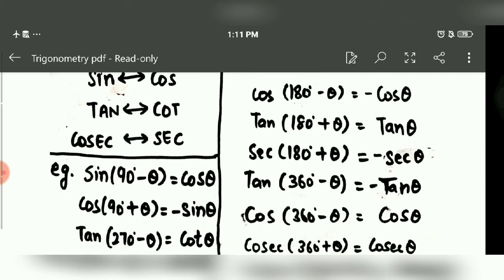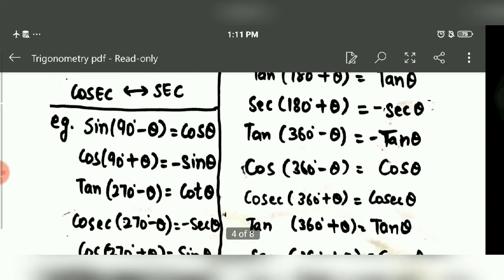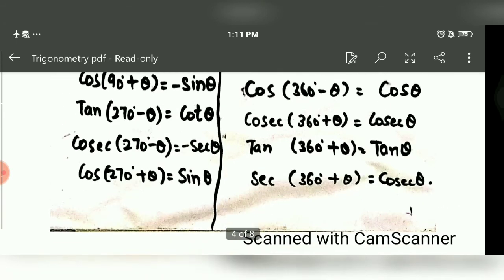Tan of 360 minus theta is minus tan theta, because this is the fourth quadrant, where tan is negative. Cos of 360 minus theta, fourth quadrant, cos is positive, so the answer is positive. Cosecant of 360 plus theta, first quadrant, all are positive, so the answers for cosecant and tan are all positive here.